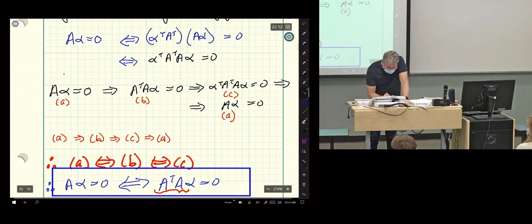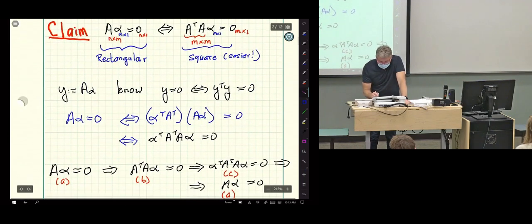And so this was Y, and this was Y transpose Y. Up here, we just checked Y equals 0 if and only if Y transpose Y equals 0. And this is how I defined Y.